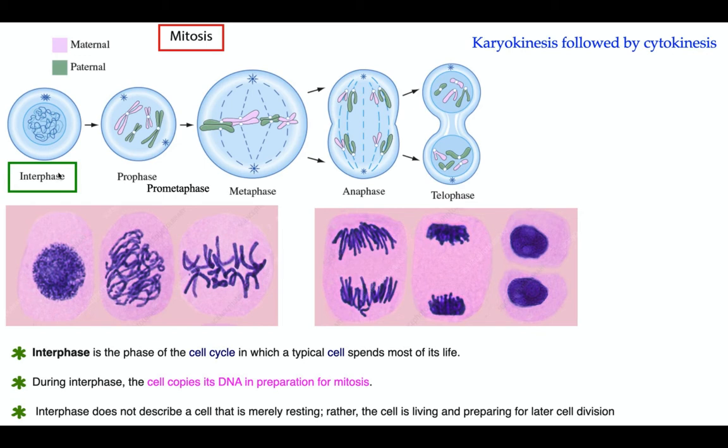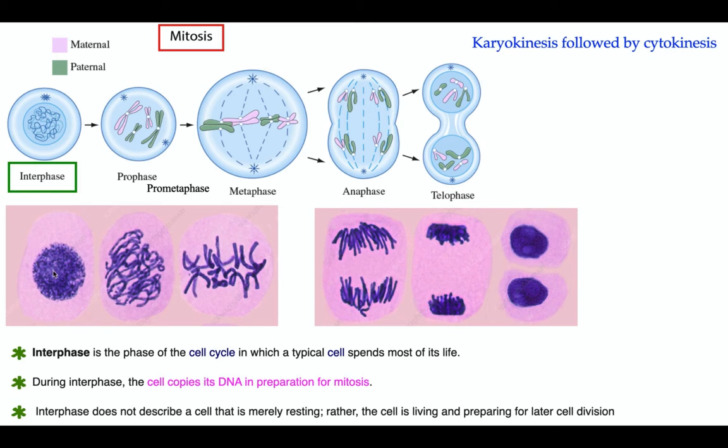So after interphase comes prophase. After prophase, before metaphase, there is prometaphase. After metaphase, anaphase is there, and the last step of mitosis is telophase. This diagram is better, more clear.